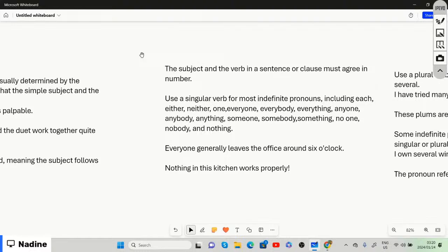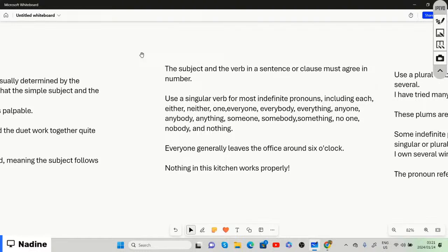Those take singular verbs, right, for the indefinite pronouns. So all those words that I just mentioned take a singular verb.